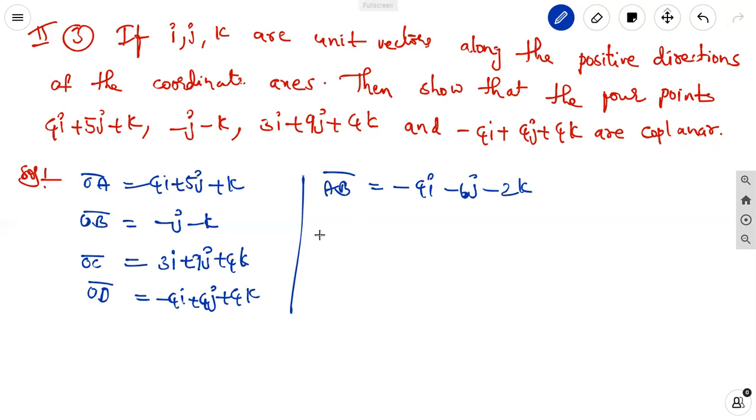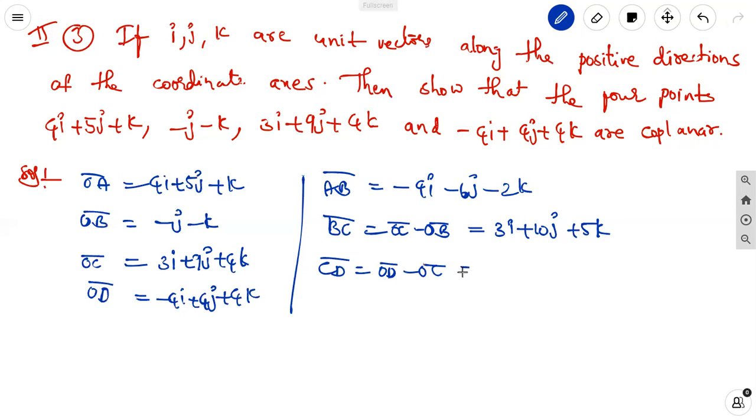minus 2k. BC is equal to OC minus OB, equal to 3i plus 10j plus 5k. CD is equal to OD minus OC, equal to minus 7i minus 5j plus 0k.